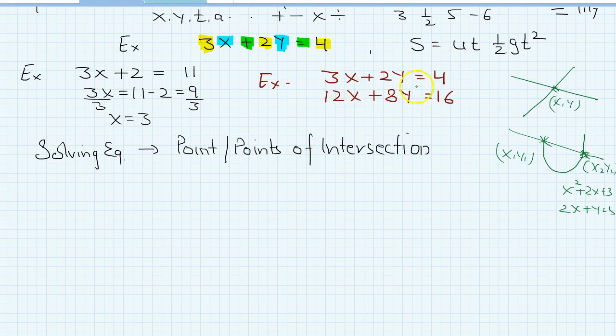Here these are lines, so they intersect at just one point only. There are two methods. One is solving by elimination, and the second method is solving by substitution.